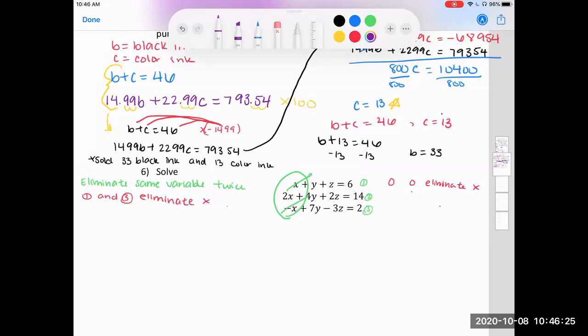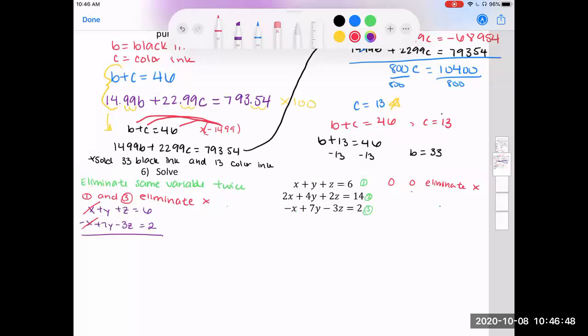Okay, so for 1 and 3, they add up to make 0, those x's, right? But let's show that work. x plus y plus z is equal to 6, and negative x plus 7y minus 3z is equal to 2. Okay, let's add them up.